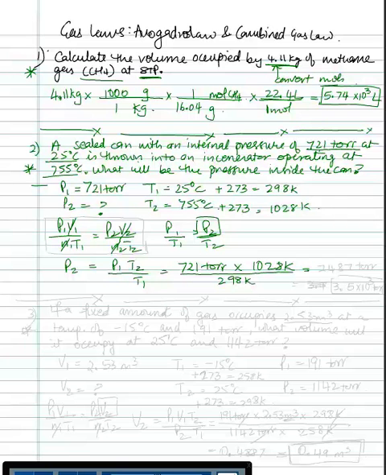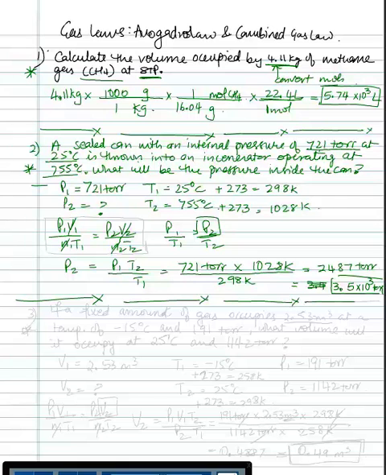Once you do all of this calculation, your answer should come out to be 2487 torr, which you can bring down to exponents as 2.5 times 10 to the power of 3 torr, because our smallest number of significant figures was 25, which is 2 sig figs. So that is one setup.